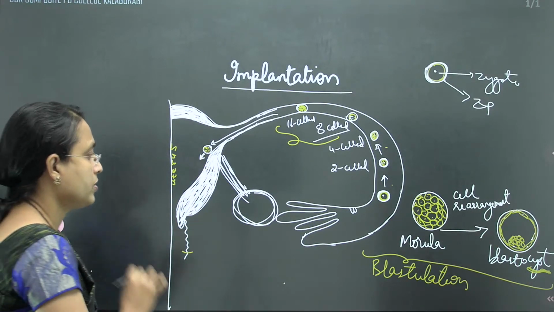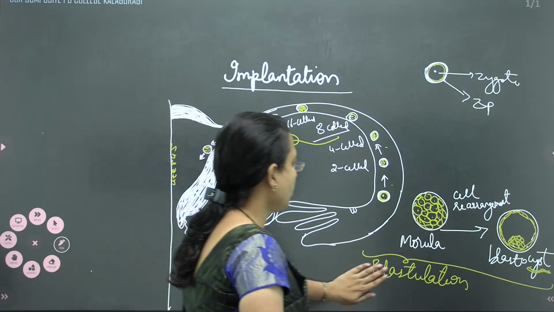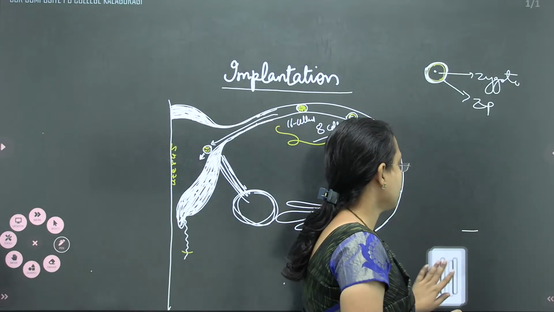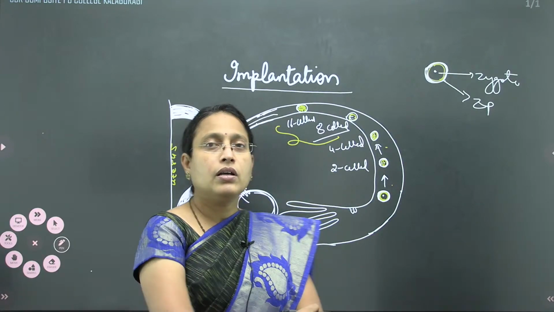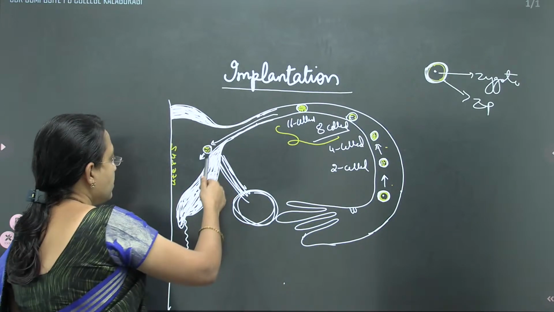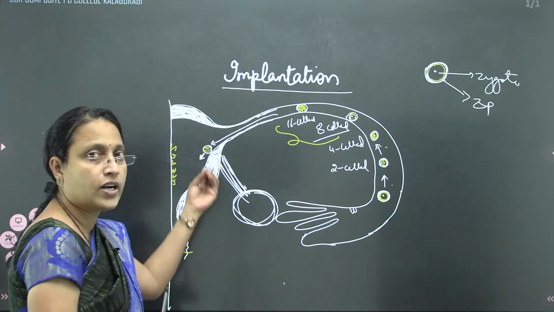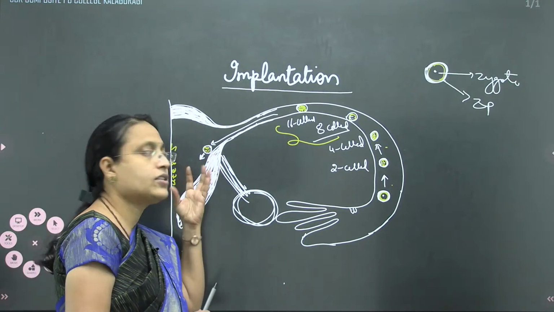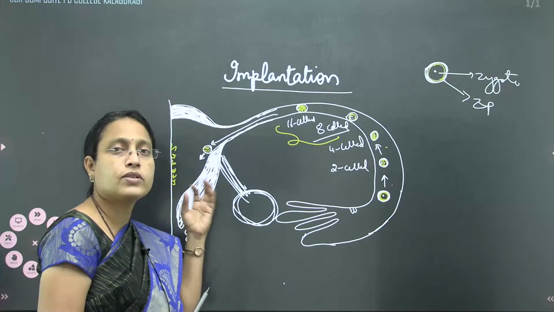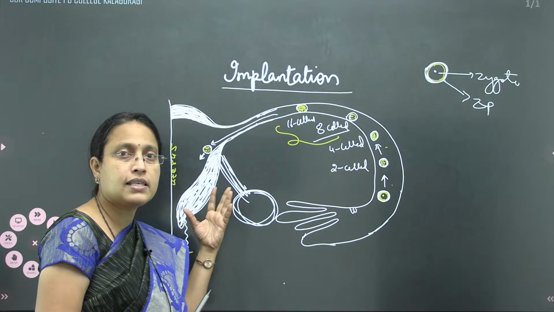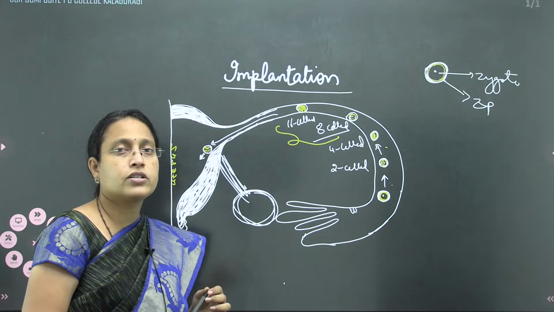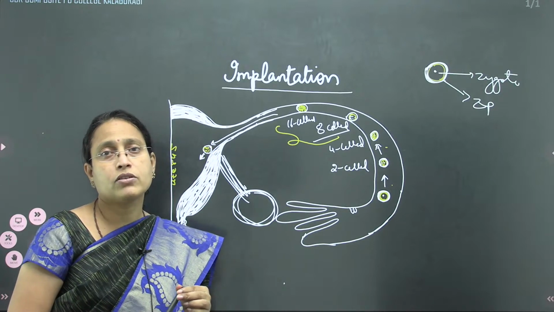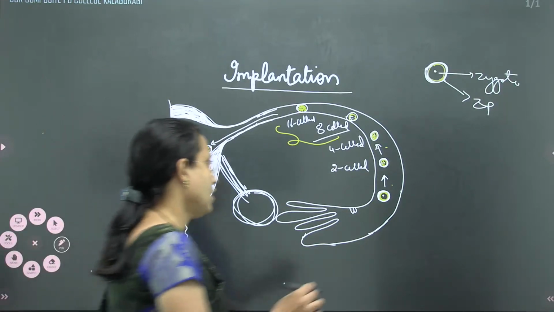Blastocyst is formed, or this phenomenon called blastulation occurs. Now, as this rolls into the uterus, the uterine secretions, usually secreted by the uterine glands, are known to dissolve the zona pellucida.